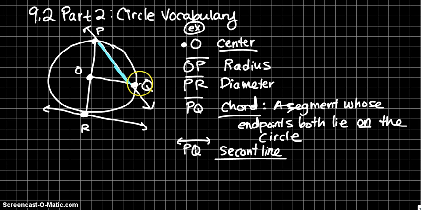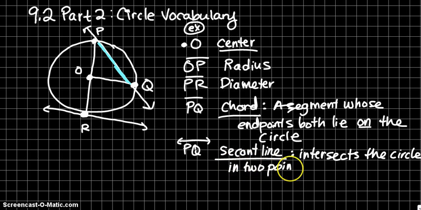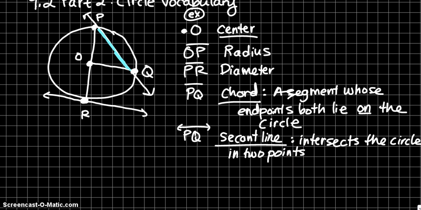It cuts through the circle in 2 points, but then it keeps going to infinity in both directions. So let's say this intersects the circle in 2 points, but it's a line specifically, not just a segment.